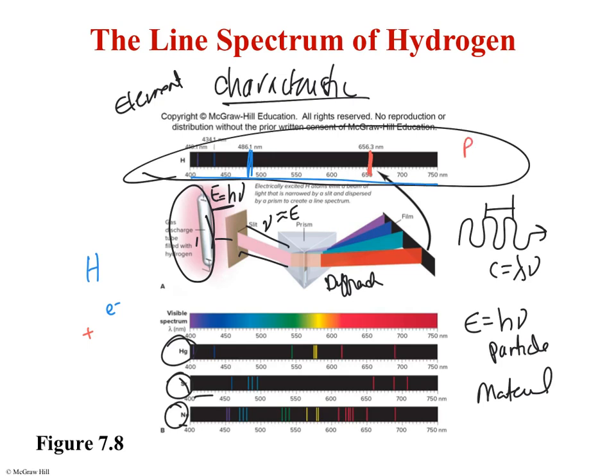These are colors, ROYGBIV. Red is associated with a certain wavelength in nanometers, and blue is a certain wavelength. And there's nothing in between; you see how this is all black? So the electron gives off these diffraction patterns.